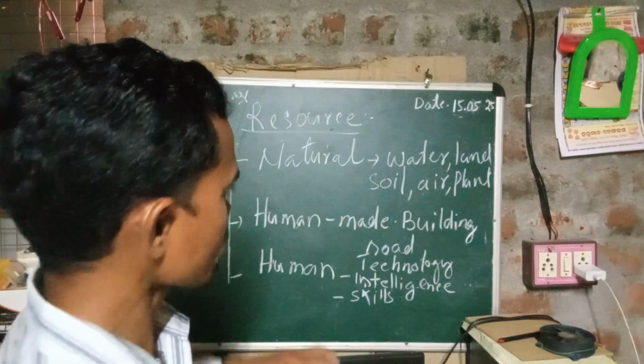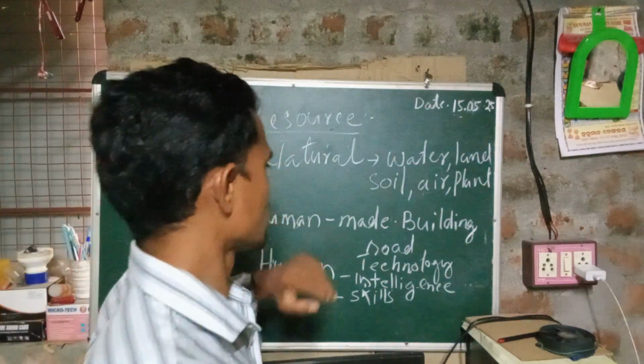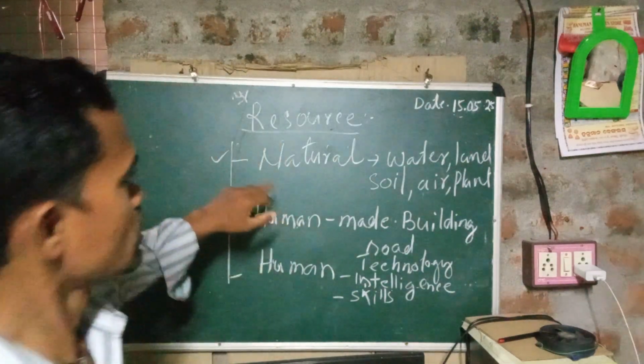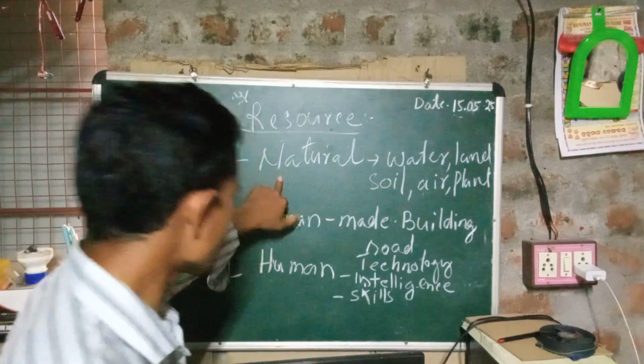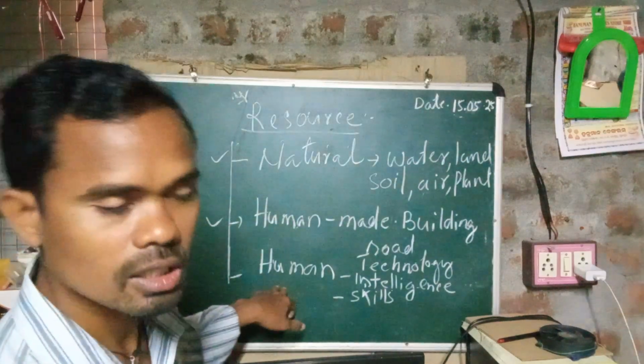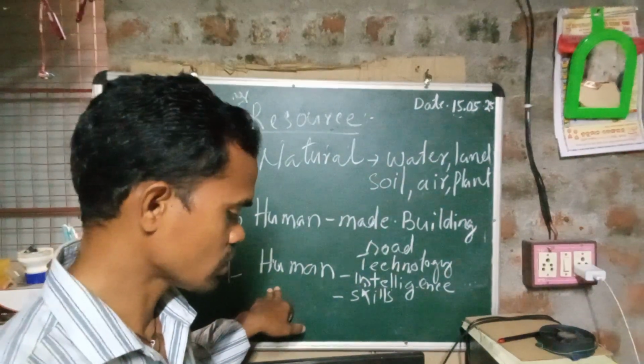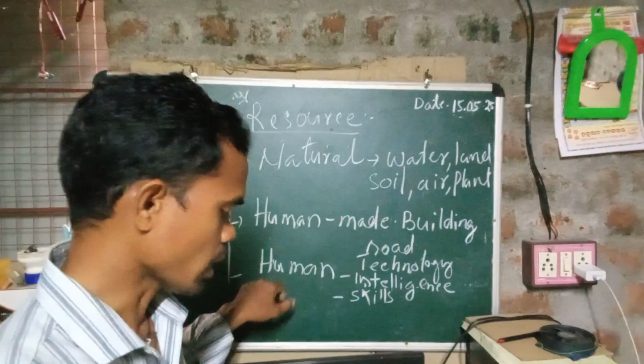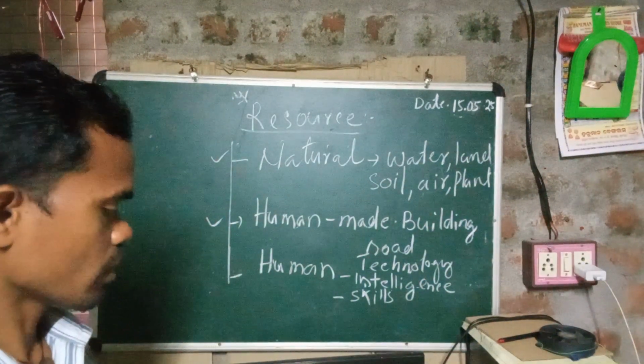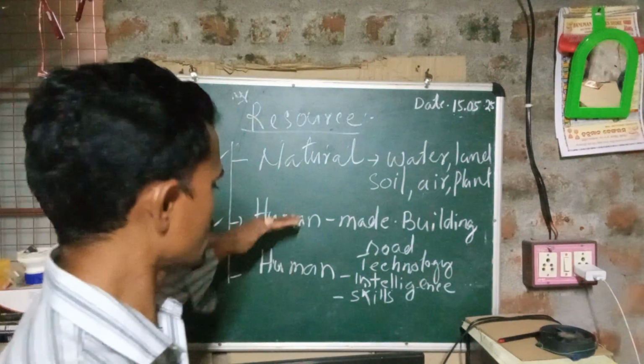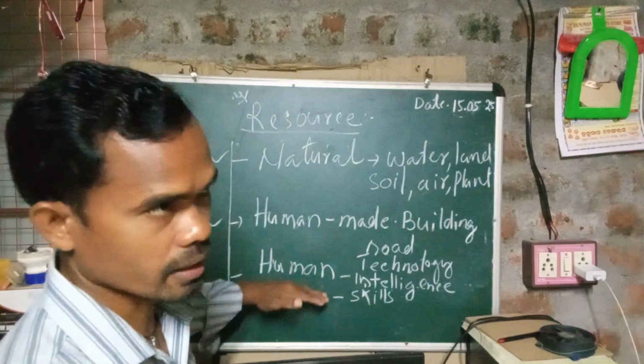Okay, so this resource has three types, no? Natural resource, human-made resource, and human. These three things are interrelated.